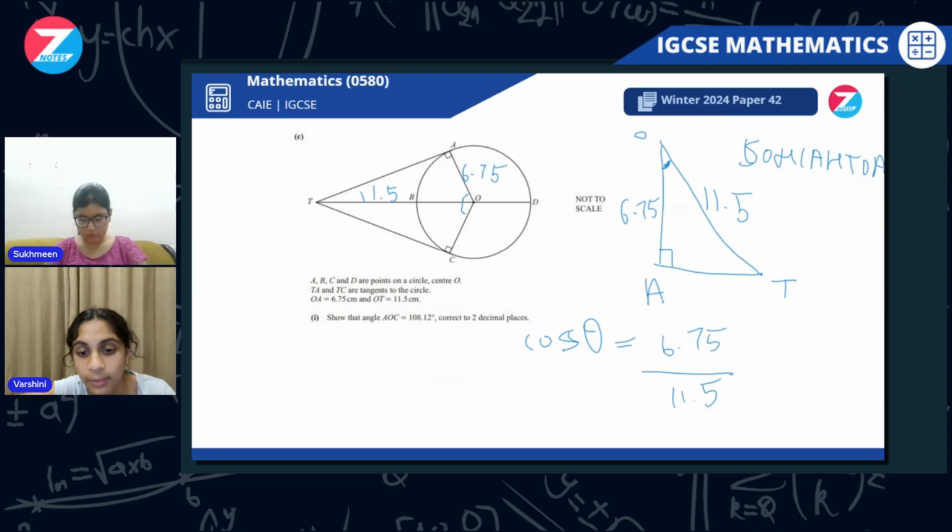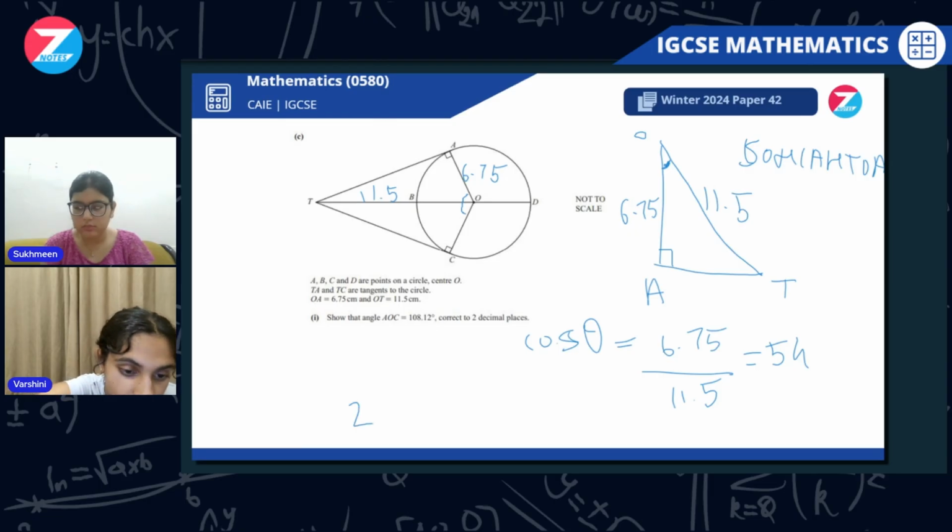And to find theta, all we have to do is cos inverse of 6.75 divided by 11.5, and that's going to be 54.05. But remember, we want this angle, which is twice theta.